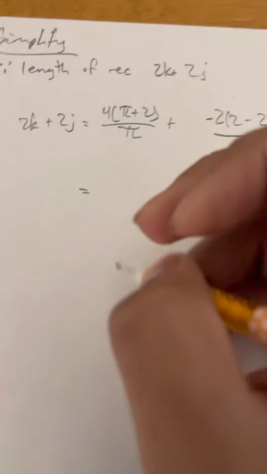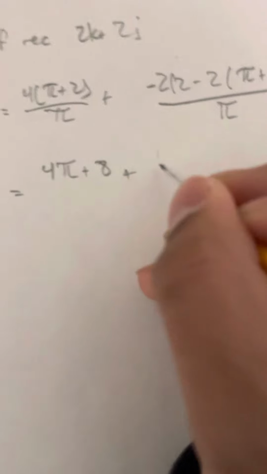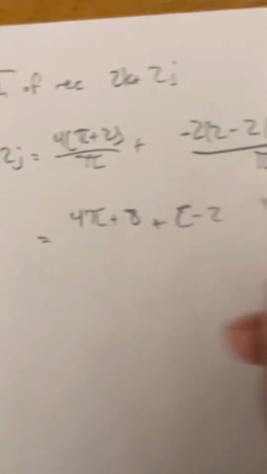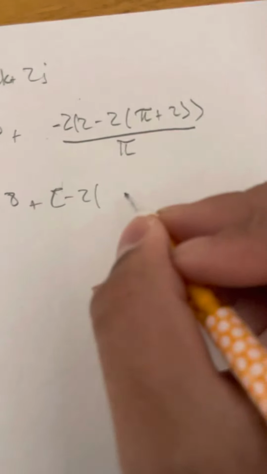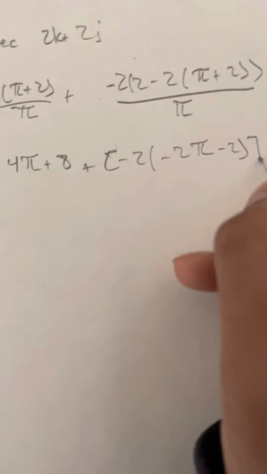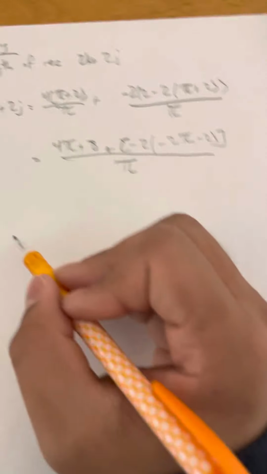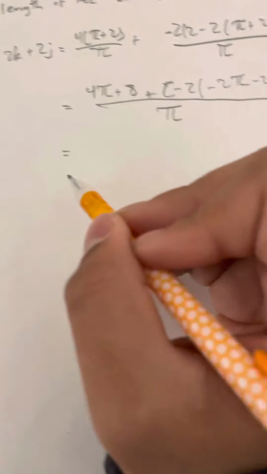We're going to expand these terms and add them into the same fraction as well. So this would give us 4 pi plus 8, add the -2 times -2 pi minus 2 over pi. So we have that.